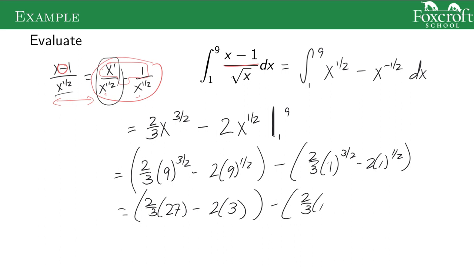And 1 is nice because 1 to any power is just 1. Once you multiply all this out and combine everything, your final answer is 40 over 3. That's the exact area underneath this curve with those bounds.